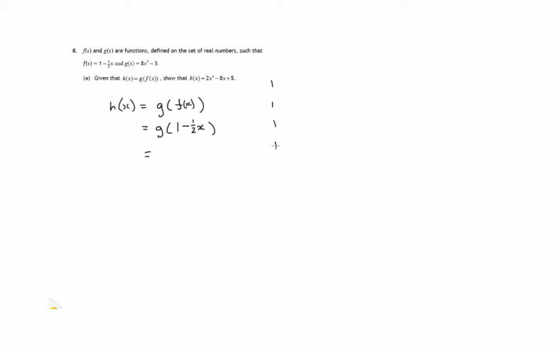So we really need to focus now on what g does to whatever goes into g. In particular, the formula we're given, if x goes into g, we're told to square x, multiply it by 8, and subtract 3.